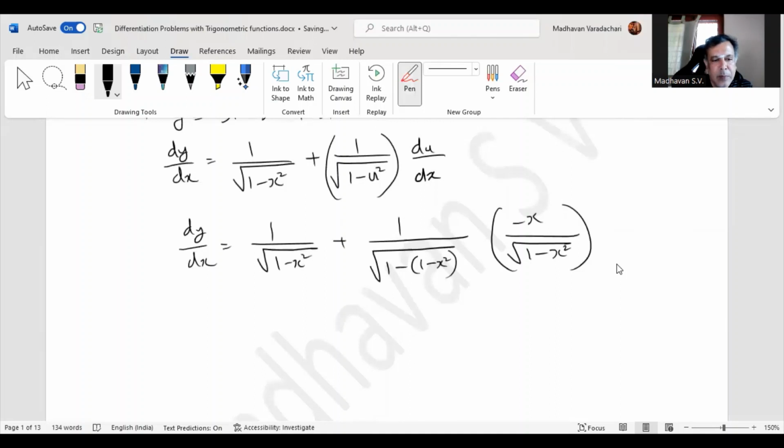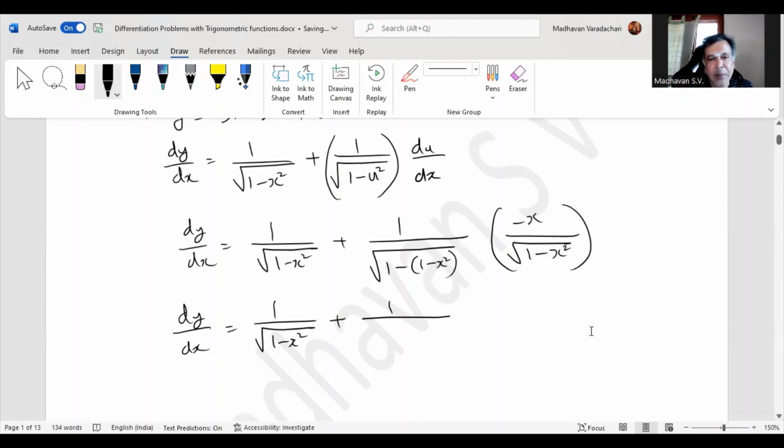So now dy by dx will be 1 by square root of 1 minus x square plus 1 divided by, the 1 and 1 get cancelled, minus of minus x square becomes plus x square, so it is root of x square, times minus x by square root of 1 minus x square.